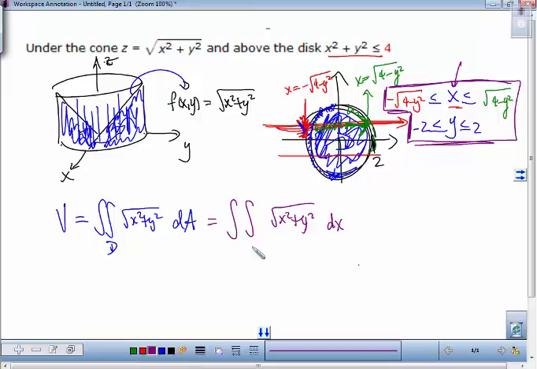My x limits go from negative square root of 4 minus y squared to positive square root of 4 minus y squared. And then my y limits, when I write dy, I can fill in my y limits now from negative 2 to 2.